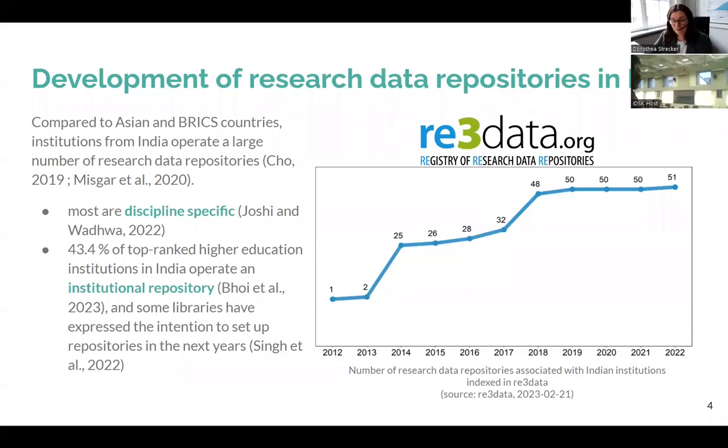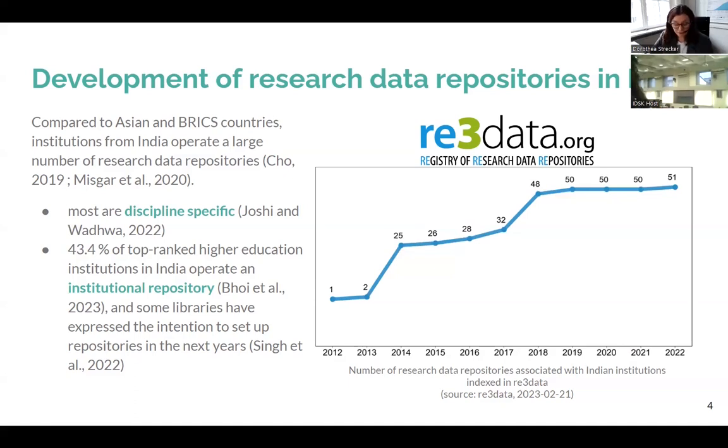Here you can see that the number of Indian research data repositories has grown from 1 in 2012 to 51 in 2022. And that is quite a significant increase. The number is also quite high compared to other Asian and BRICS countries, as authors from papers have noted. And I think that's quite noteworthy as well.